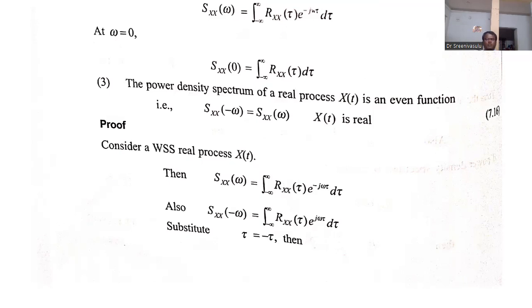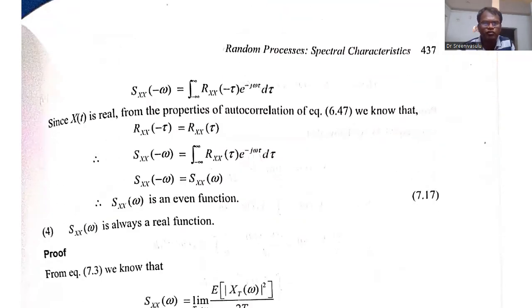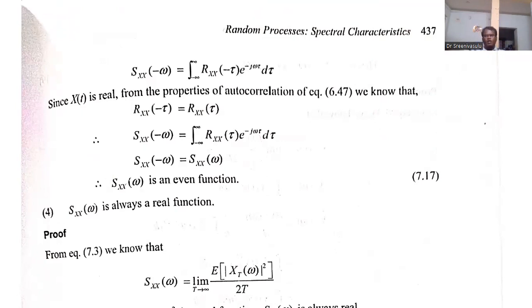Now, if you replace tau with minus tau, again the formula is the integral from minus infinity to plus infinity of Rxx of minus tau into e power minus j omega tau into d tau.